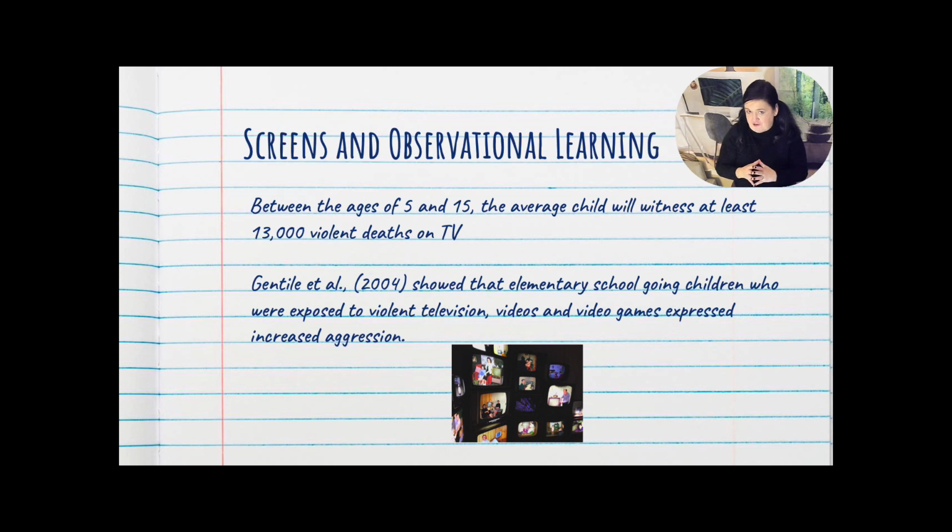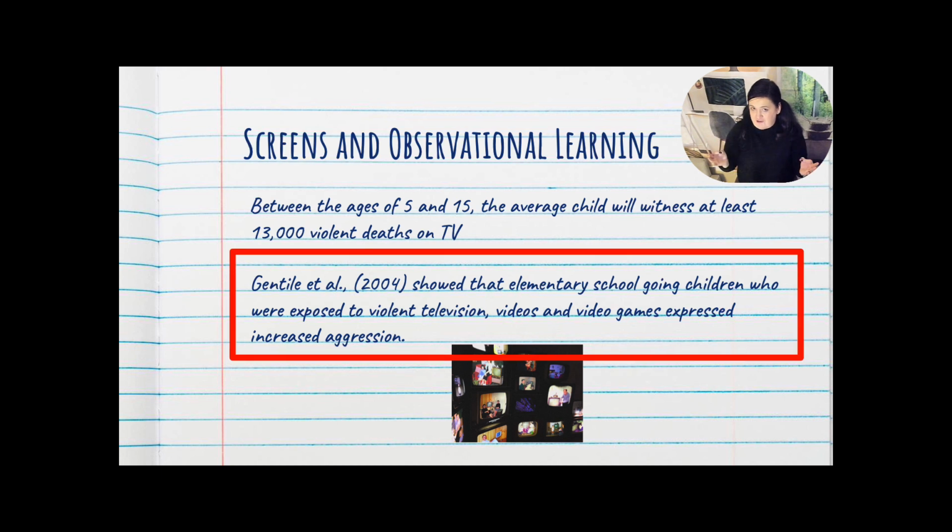However, later research by psychologists Douglas Gentile and Brad Bushman, amongst others, suggested that exposure to media violence is just one of several factors that can contribute to aggressive behavior.